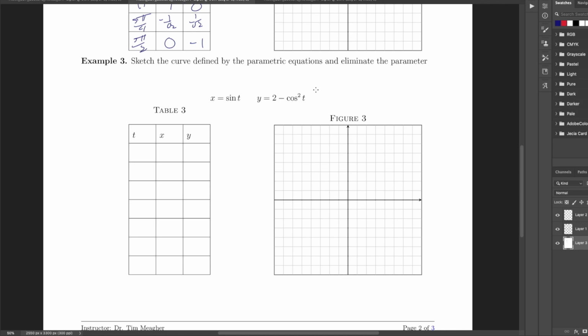So let's crunch through some numbers, and so here we have sine and cosine again, so let's just do the same numbers. So let's do pi over 4, pi over 2, 3 pi over 4, pi, 5 pi over 4, 3 pi over 2, just because it makes easy numbers for us to crunch through. Alright, so sine, this will be 0, and this will be 2 minus 1, so this is 1.